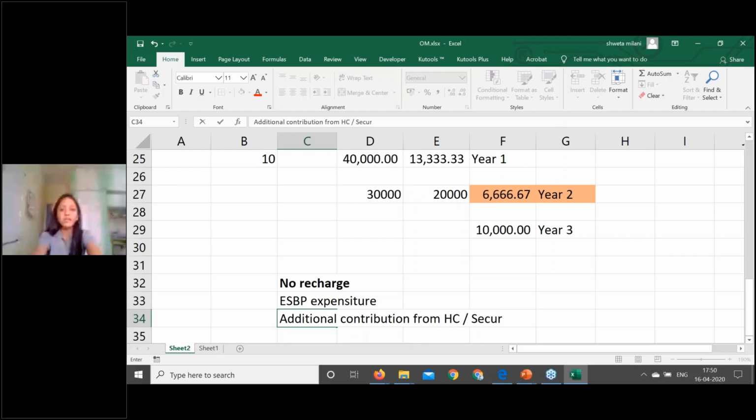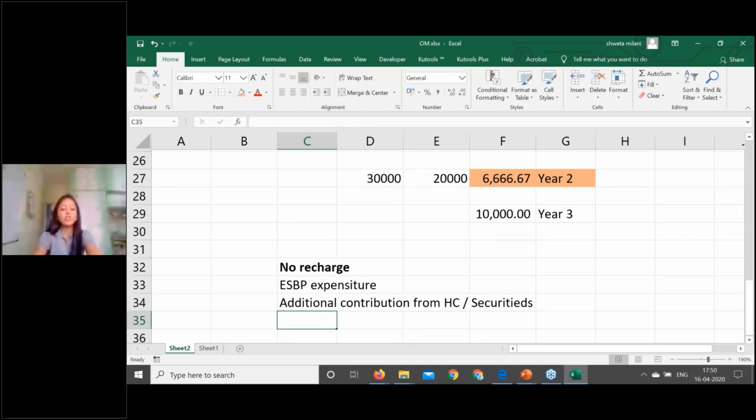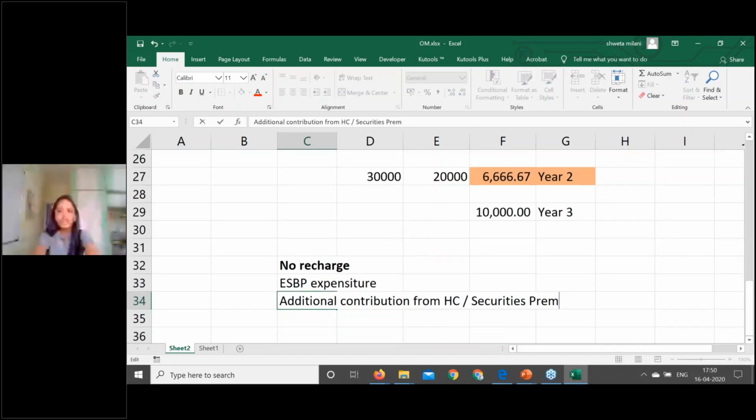Why did we debit it? Because the holding company is issuing the shares for the employees of the subsidiary company. So in this case, the service is received by the subsidiary company, but the shares are given by the holding company. Why is the holding company issuing shares? It is as good as the holding company making an additional contribution to the subsidiary company.